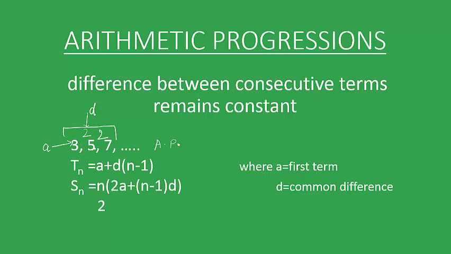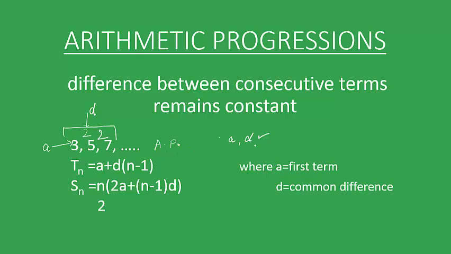You might have guessed how to generate this particular sequence. So in an AP, you need only two characteristics, that is you need the first term, that is A, and D, to uniquely determine a particular arithmetic progression.